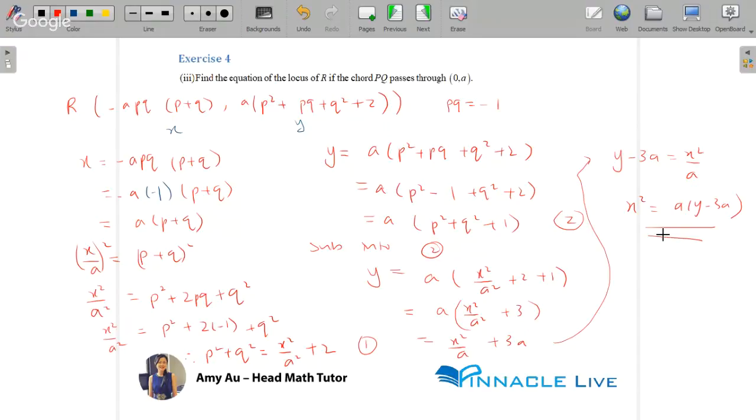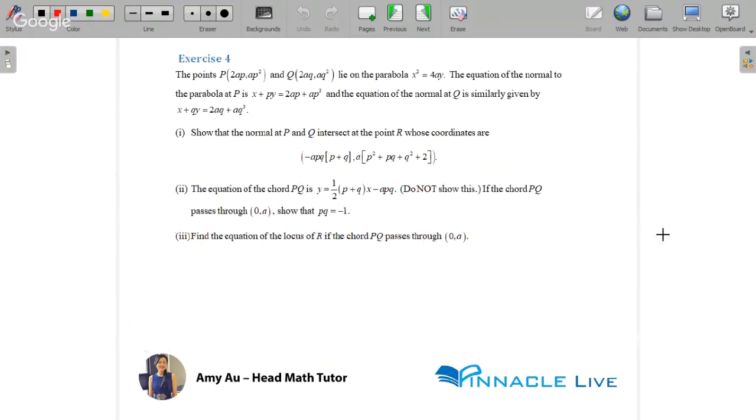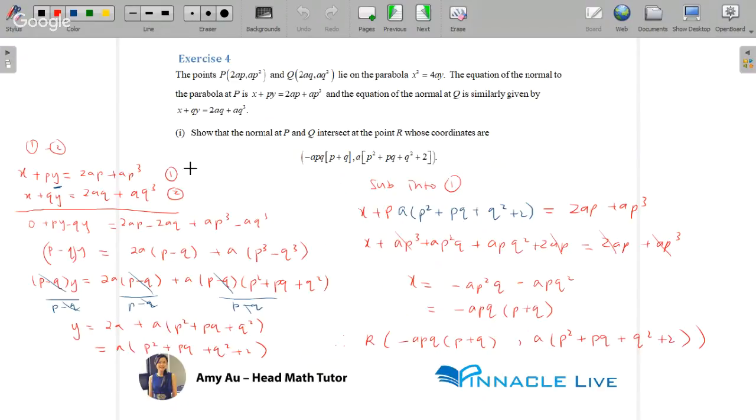All right, so let's summarize what we've done in this question. The question basically is broken into 3 parts. You're asked to find the intersection of the normals at P and Q, and then you're asked to show the conditions specific to a focal chord, and then we're finding the locus of R. So to find the point R, which is this point here, we take the 2 equations of the normals and solve them simultaneously.